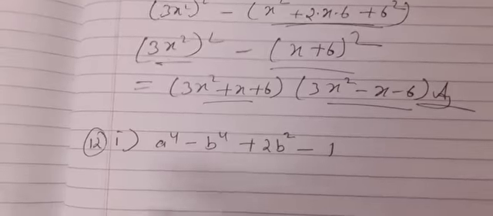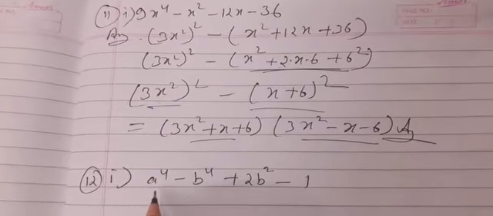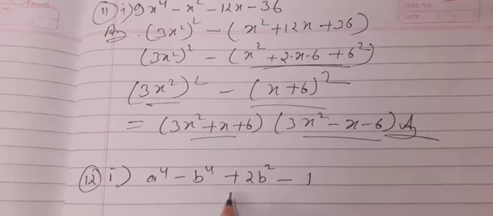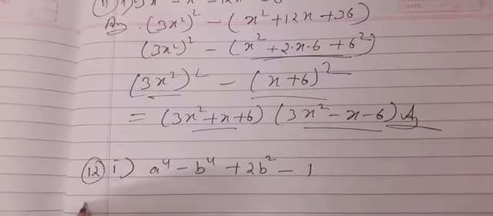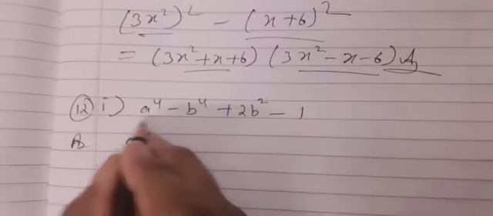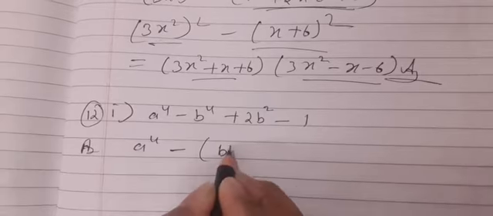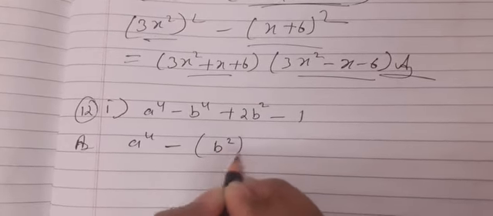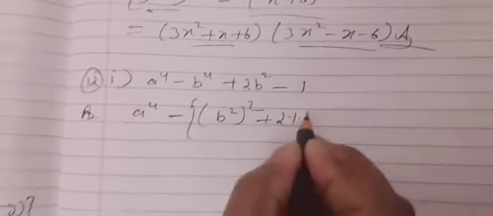Done. Now see question number 12 first. What is given? a to the power 4 minus b to the power 4 plus 2b square minus 1. Okay, a to the power 4, we are not going to disturb. Minus we will take as common, then here is b square, then here is 2 into 1 into b square.